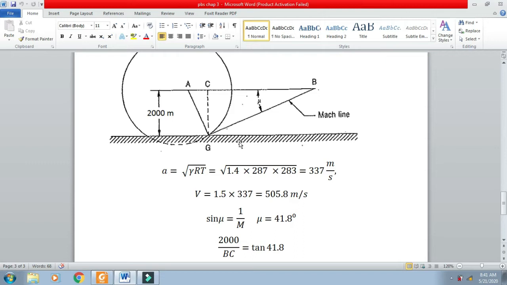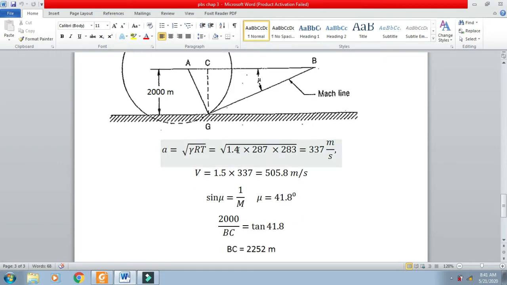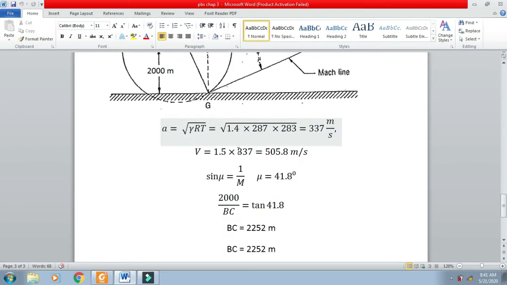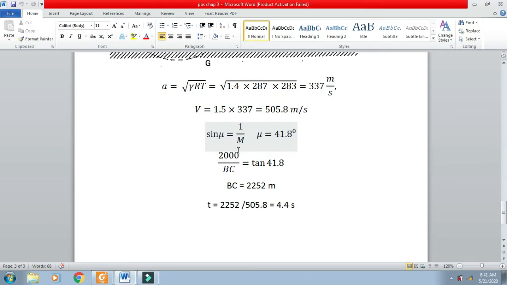So 2000 is the perpendicular distance, and BC is the horizontal distance between the aircraft and the observer on the ground.